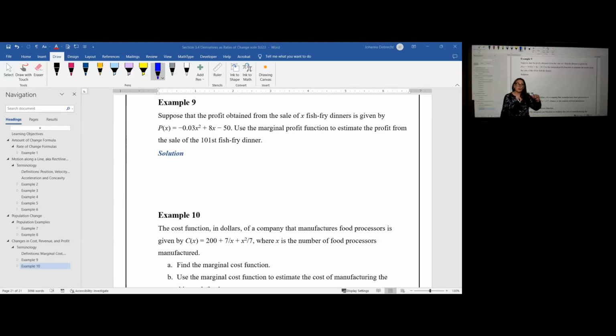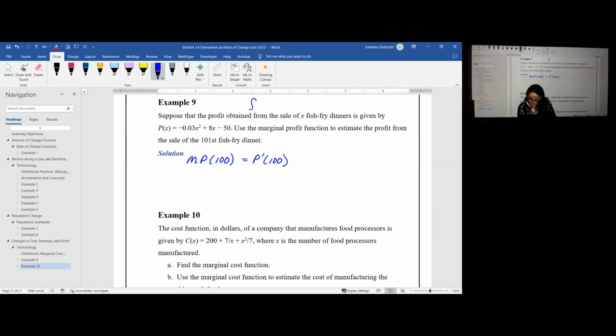To get the marginal profit of the 101st, we need to find the marginal profit of 100, the one before that. In this case, the marginal profit of 100 is going to be equal to the derivative of the profit function with 100 substituted in.